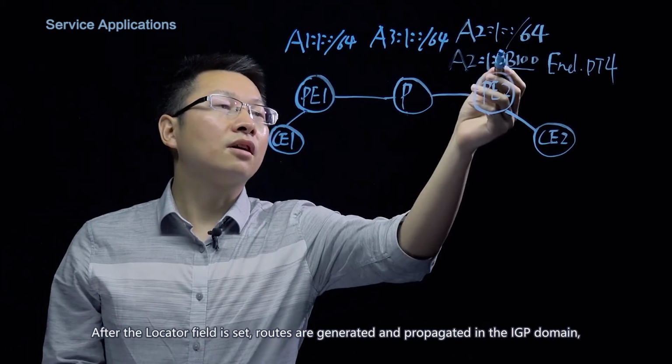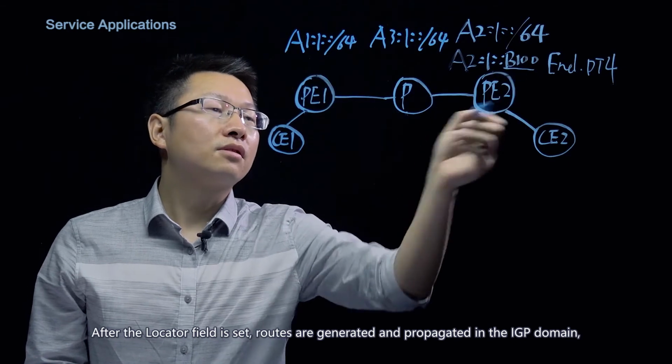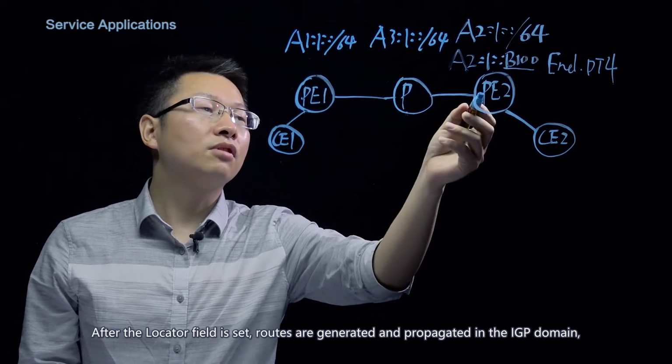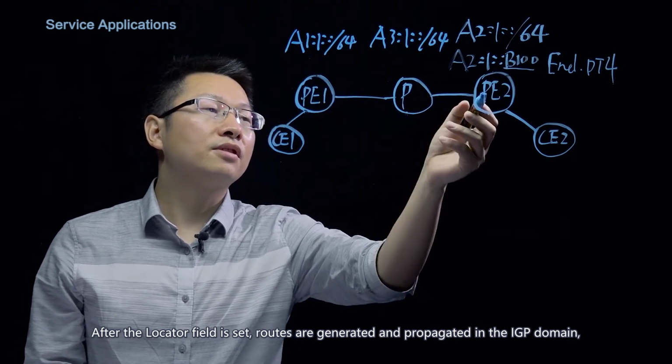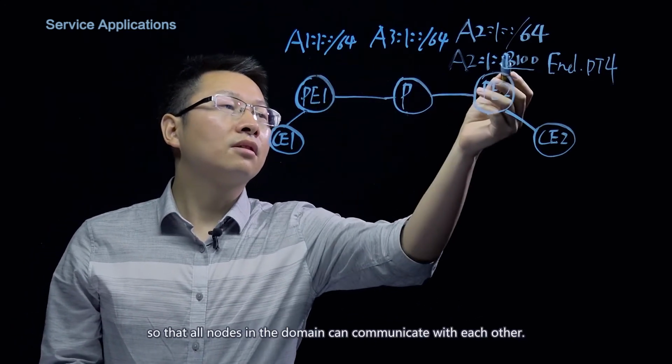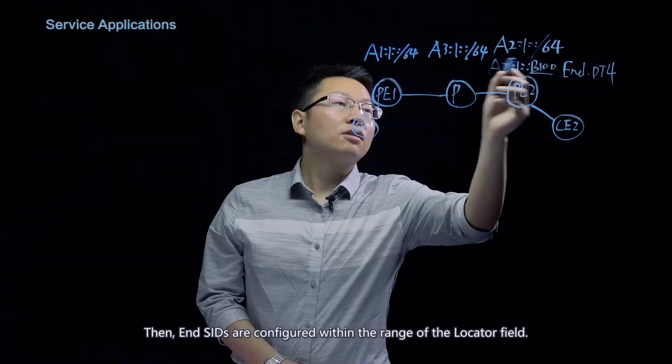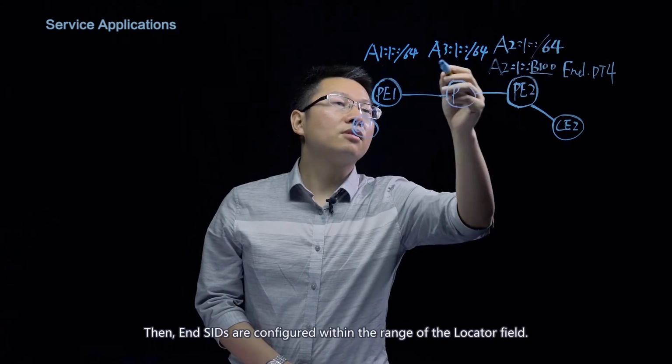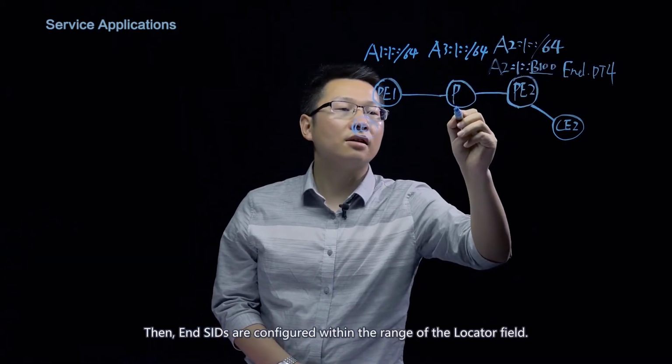After the locator is set, routes are generated and propagated in the IGP domain so that all nodes in the domain can communicate with each other.